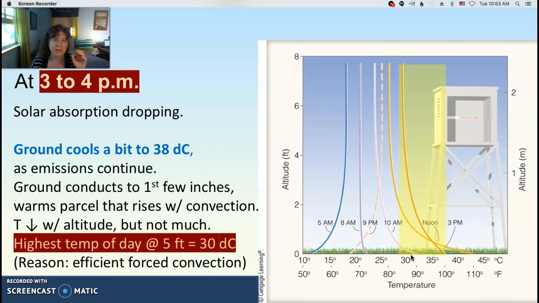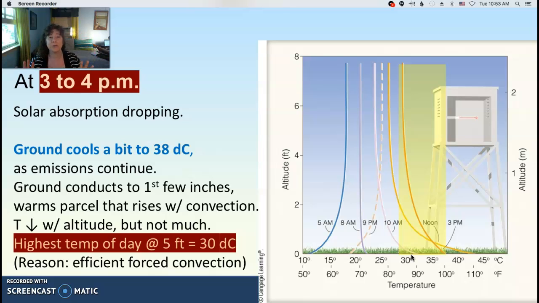A lot of that is due to the efficiency of that forced convection that's coming out from the potent emissions and coming out from the conduction, warming that parcel and sending that up. There's also forced convection because the atmosphere starts to turn over in the afternoon with this dramatic difference of warm and cool.